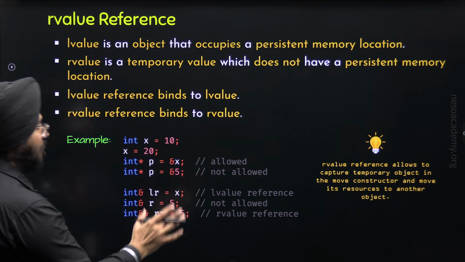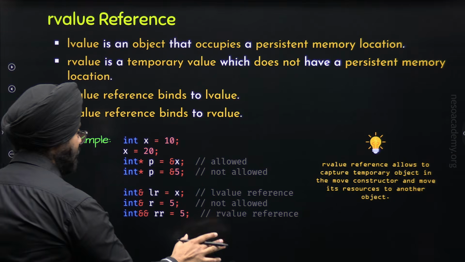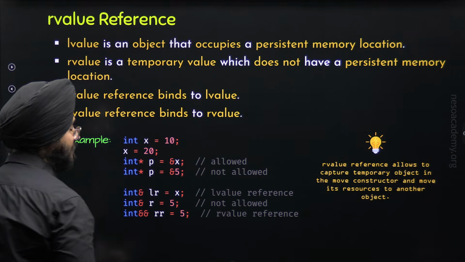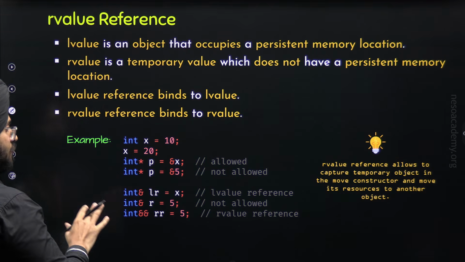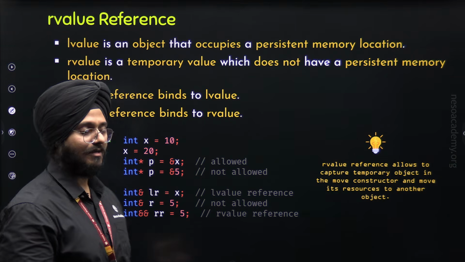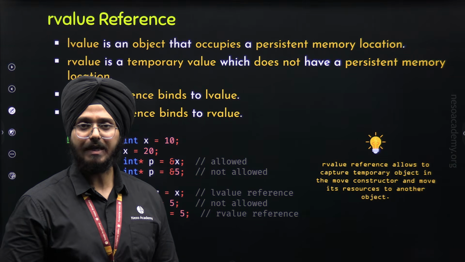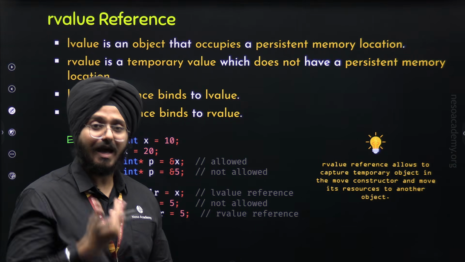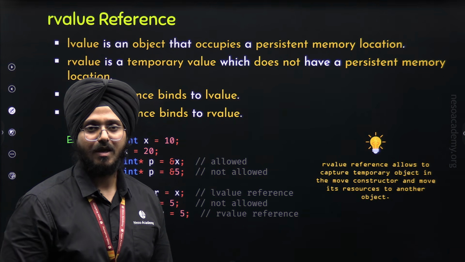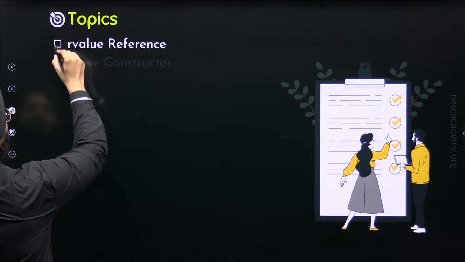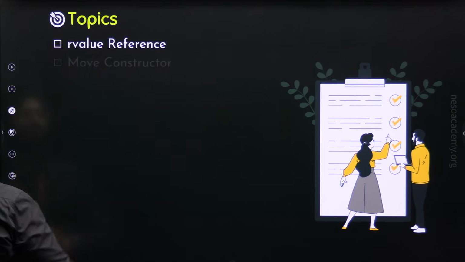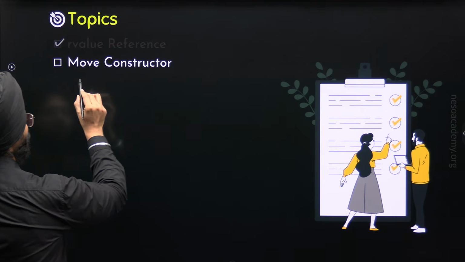So this is the significance of rvalue reference, and that is why we have studied it. Now we are ready to understand the move constructor properly and how we can use it in C++ programs. With this, we are done with the first topic, rvalue reference. Now let's move to the second topic to understand the move constructor.